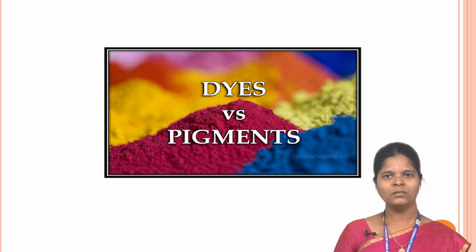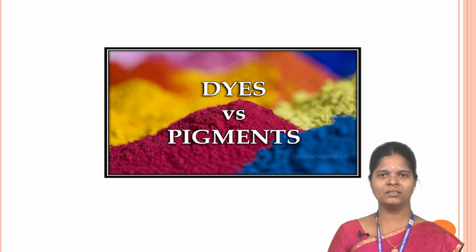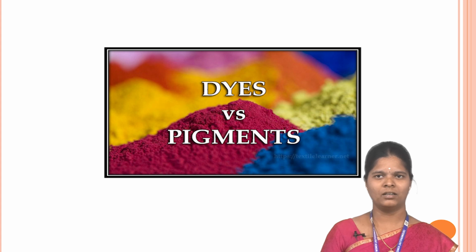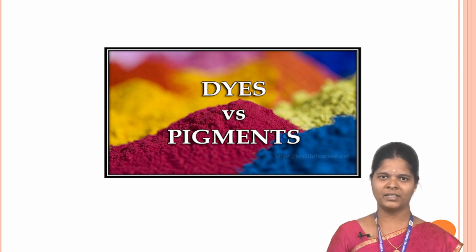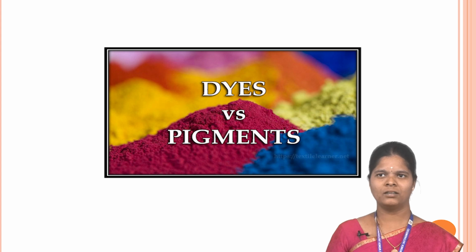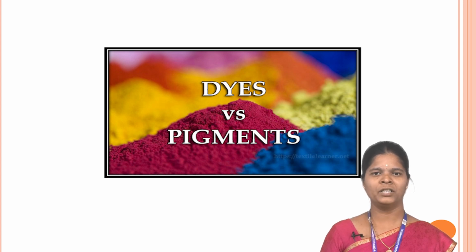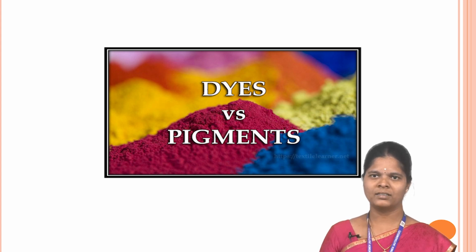Now let us see the difference between dyes and pigments. The dyes are water soluble, but the pigments are water insoluble. The dyes have a direct affinity to the textile material, but pigments have no direct affinity to textile materials.